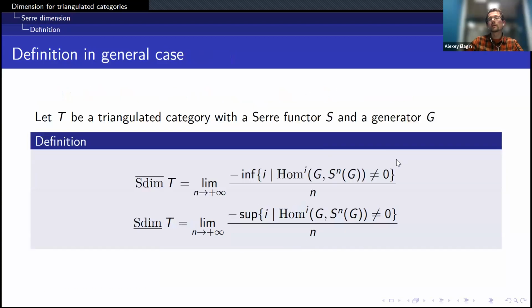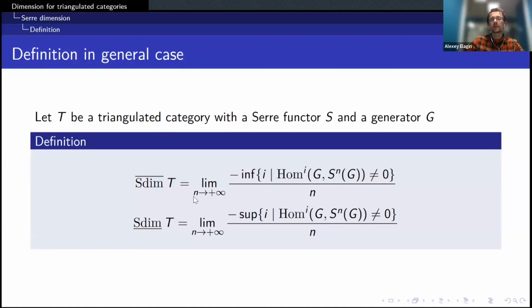So we assume that there is a generator in the category, and instead of cohomology, we consider shifted Hom groups from G to iterations of the functor applied to G. And the rest of the formula is the same. So we obtain upper Serre dimension and lower Serre dimension. At least we have formulas.